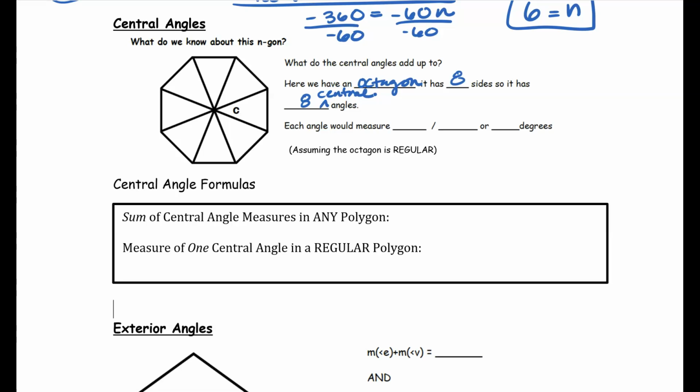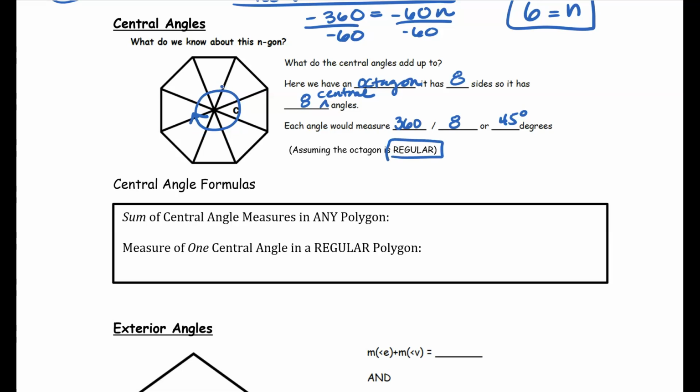If it's a regular octagon, it means all of those central angles are going to be the same. So if these all come together to make a circle, which central angles always do, then each angle is going to be 360 divided by 8, or 45 degrees, assuming the octagon is regular.